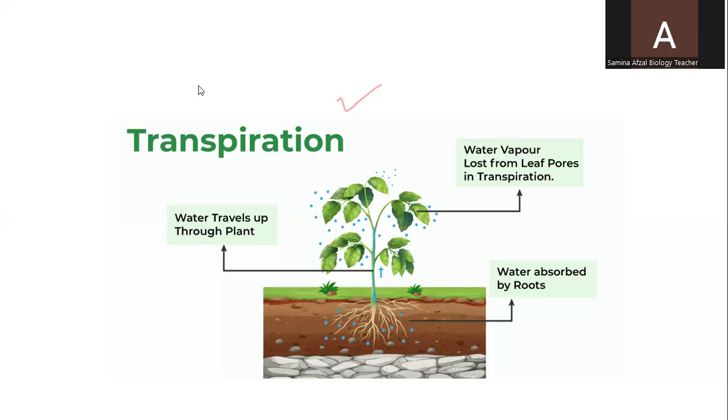This is because the water is used up in the process of photosynthesis. From roots through xylem, the water reaches the leaves, and in leaves, after using that water in photosynthesis, the extra water is evaporated into the air, and that is called transpiration.